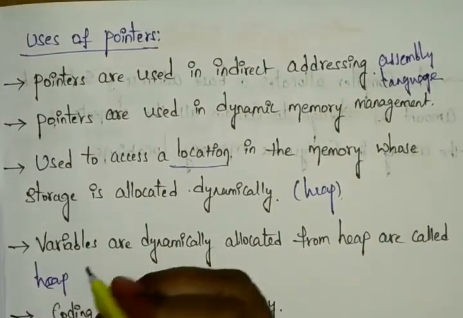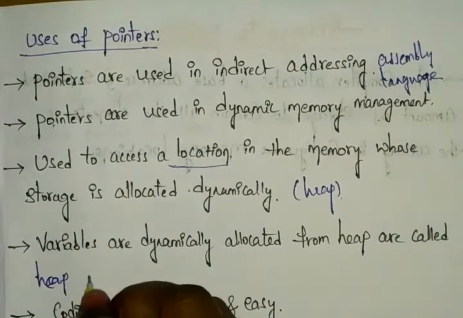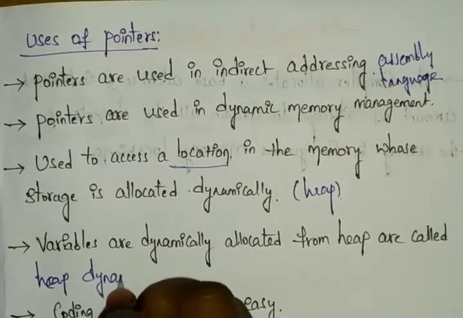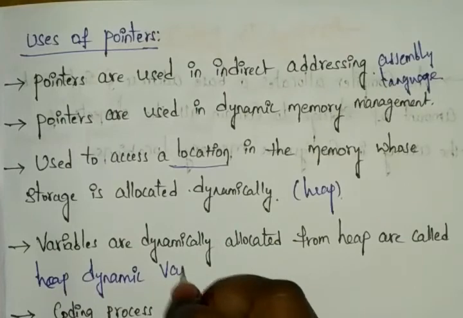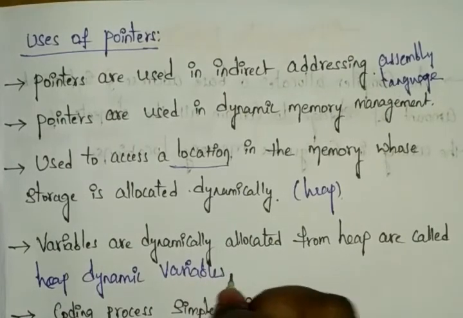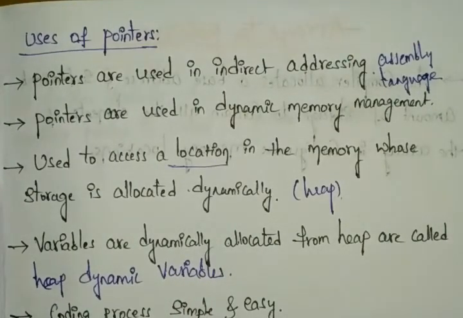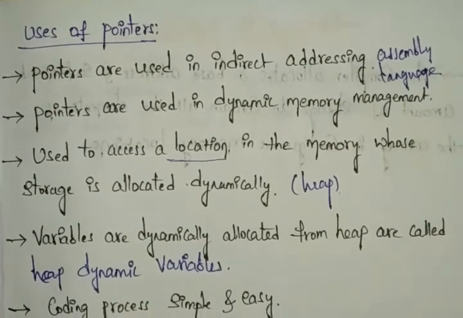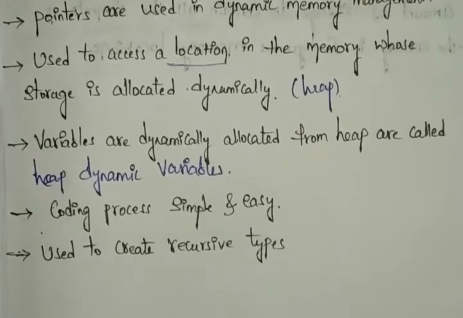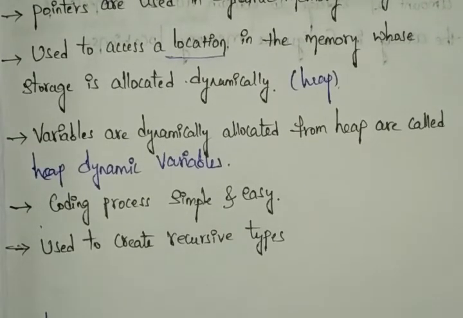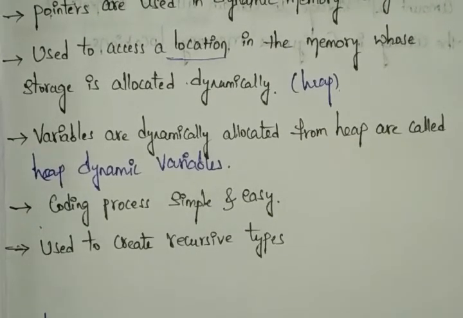If these are done with variables only, that is heap dynamic variables. If you do the dynamic process with variables in a heap, we can call them heap dynamic variables. And the process of coding is also very easy and simple.